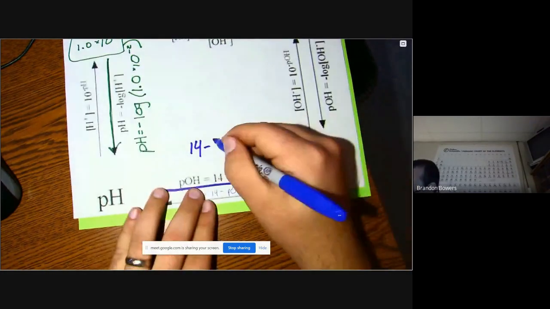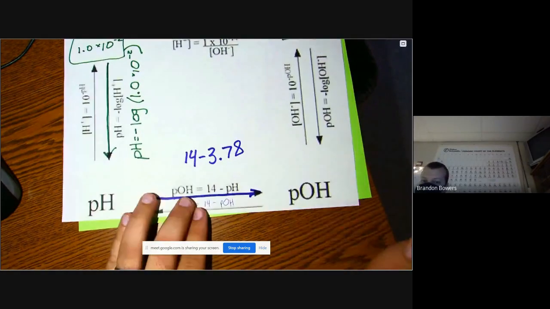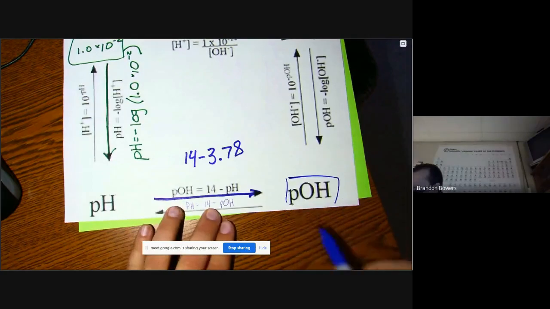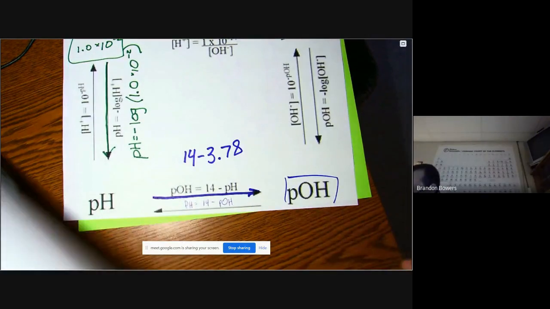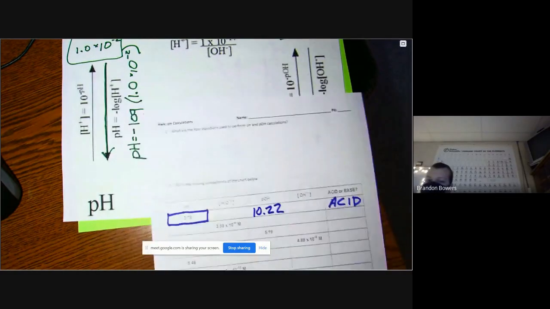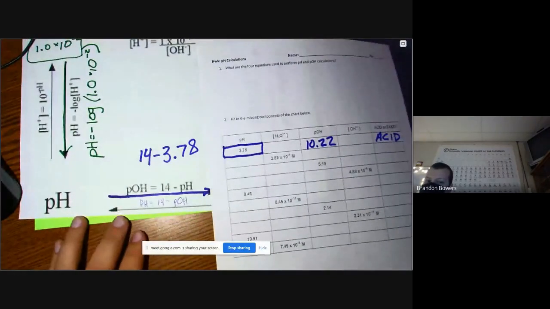My pH in this problem was 3.78. 10.22, and that is my POH. Is that what everybody's getting? Not too bad.